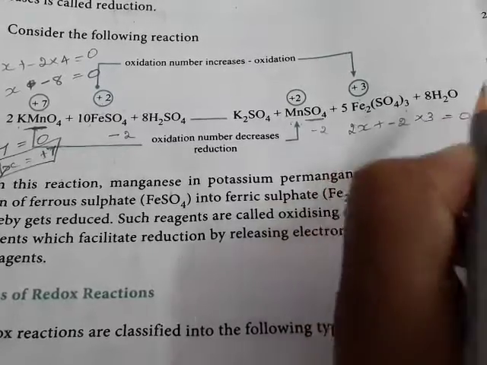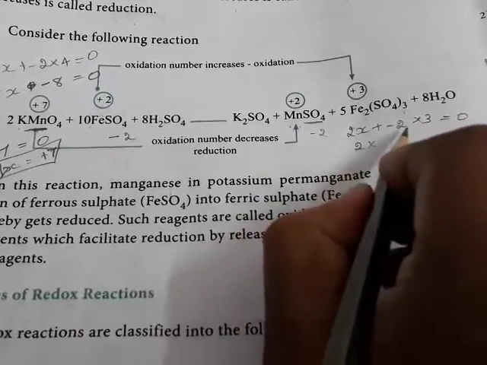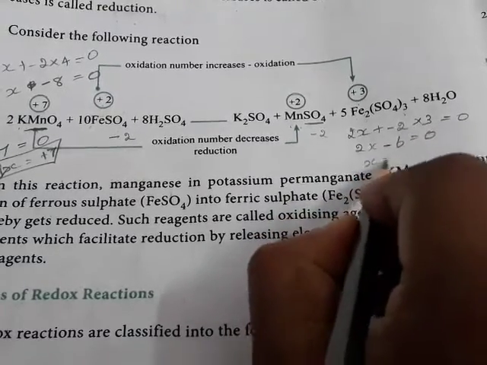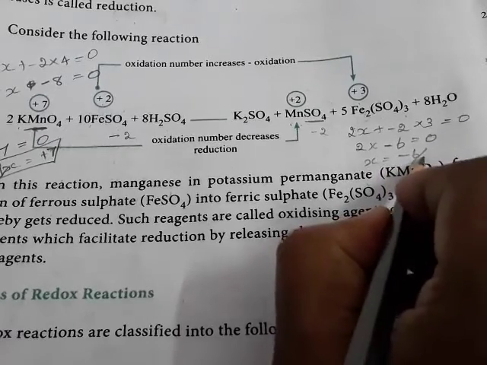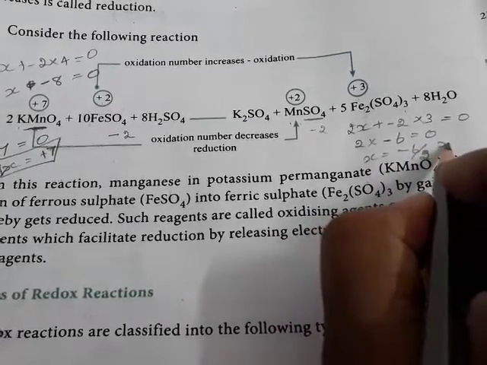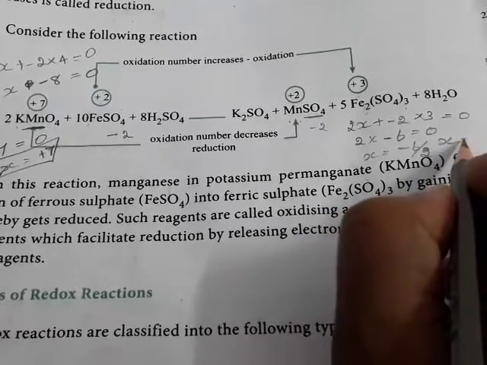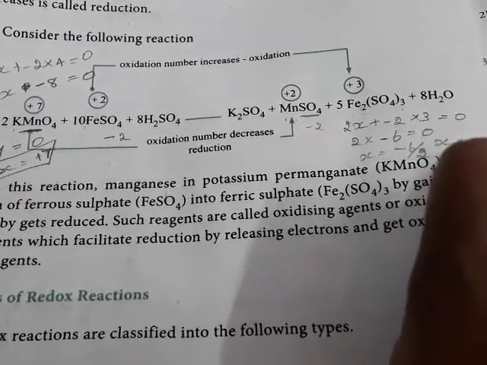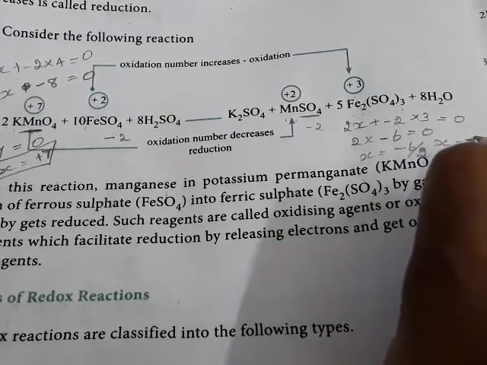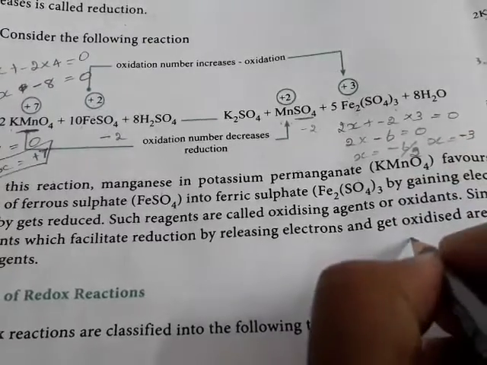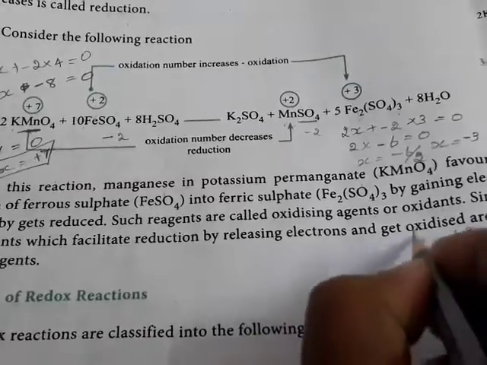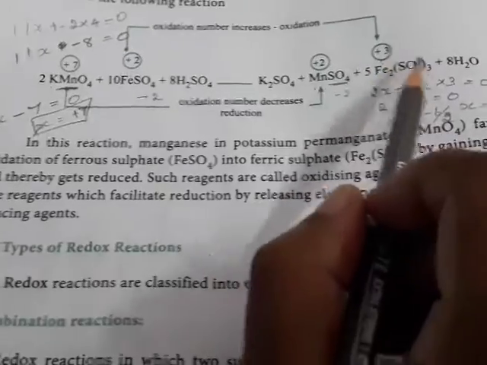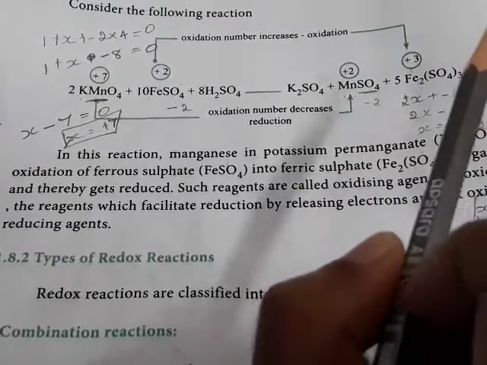So 2x minus 6 is equal to 0, so x is equal to 6 divided by 2, which is +3. So do you understand? It's a +3. Now we are going to see one important topic.